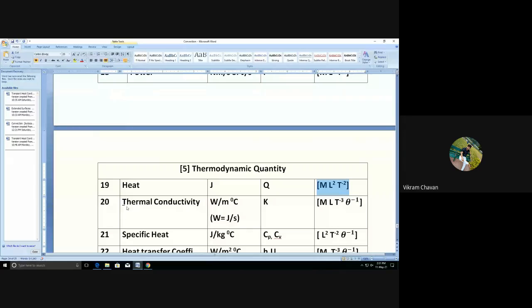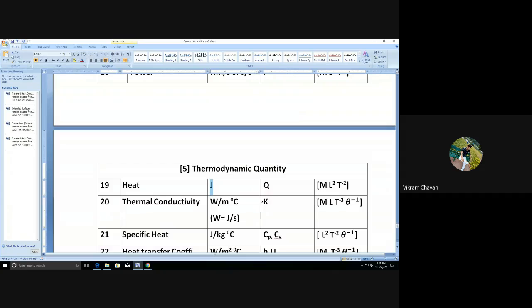Then thermal conductivity. We know the unit is watt per meter degree Celsius. If you remember that watt is nothing but joule per second, and we have just derived the joule dimensions as M L raised to 2 T raised to minus 2, then if you put the dimensions of second, meter, and degree Celsius on the denominator side, it will be easy to determine the thermal conductivity dimensions.